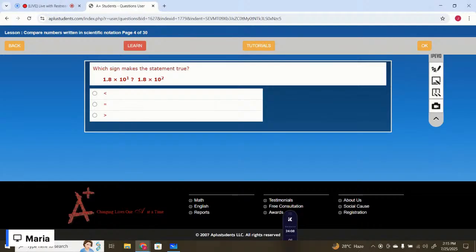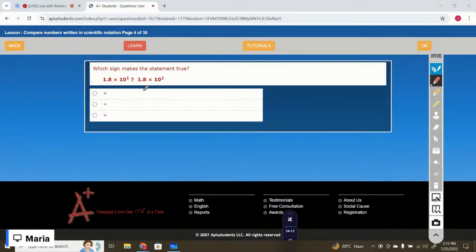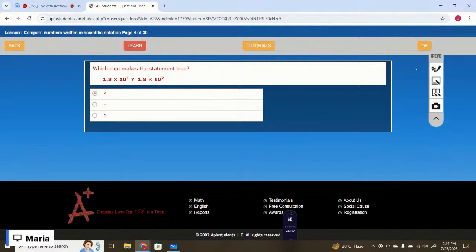Which sign makes the statement true? 10 exponent 1 and 1.8 times 10 exponent 2. Just look at the exponents. 1 is less than 2. Less it is, option number 1 is the correct option.